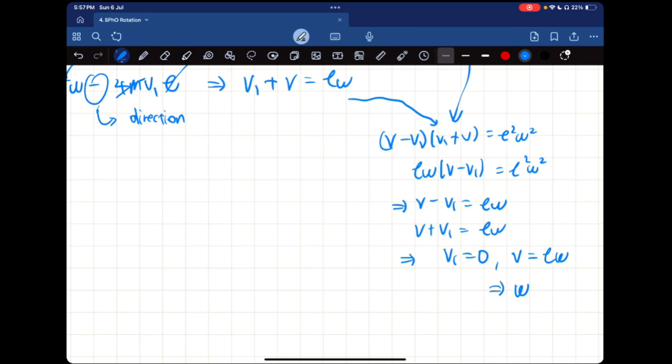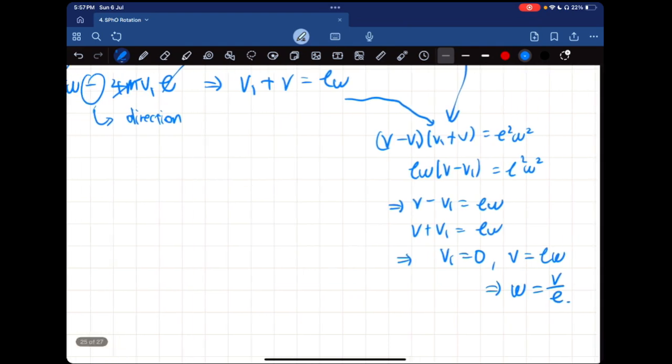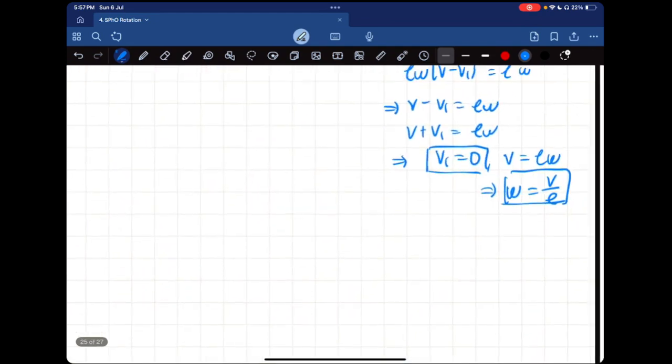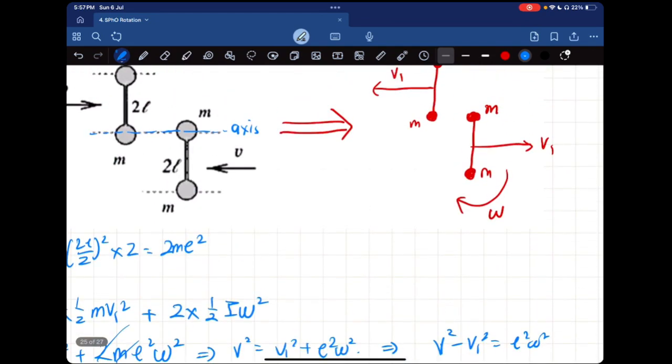So omega equals V over L. Okay, we found something quite interesting here: V1 equals 0 and omega equals V over L.